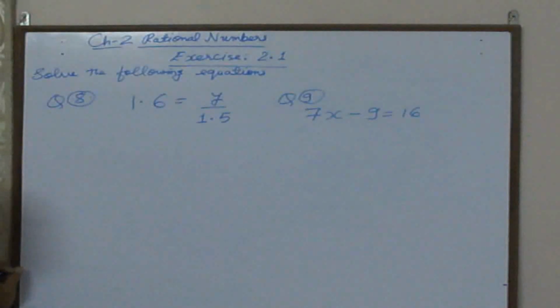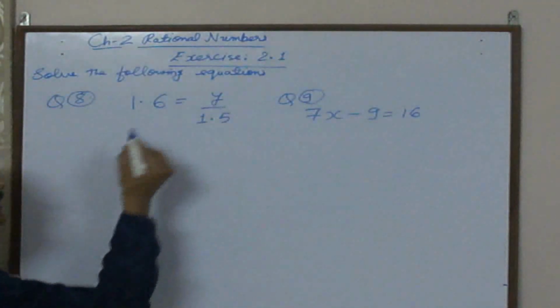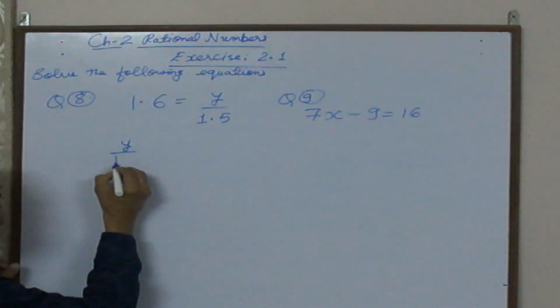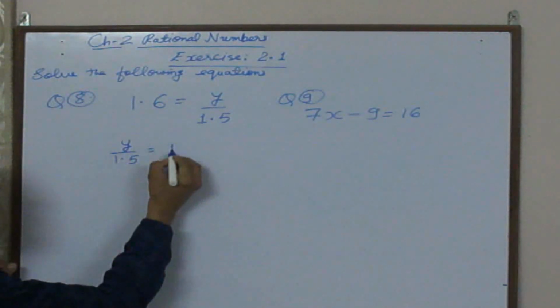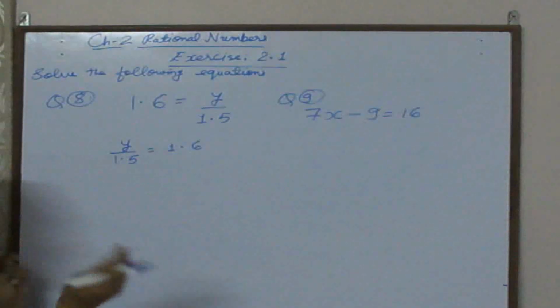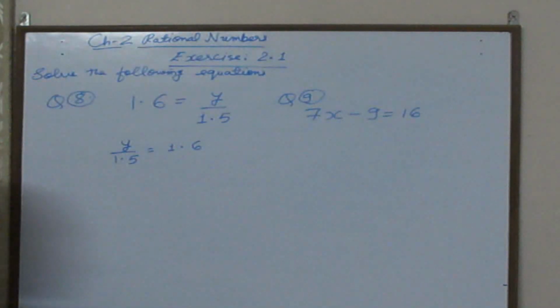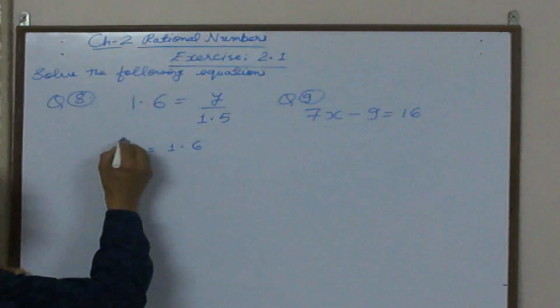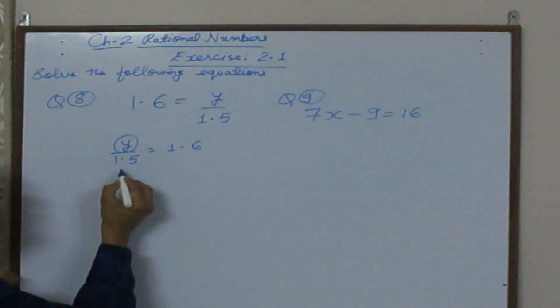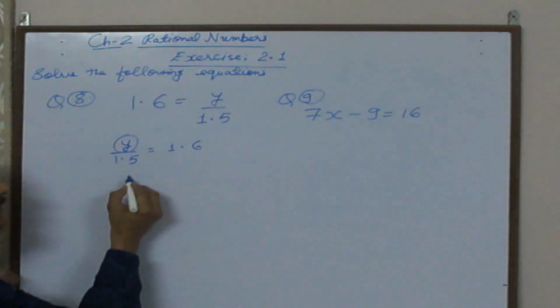Now see question number 8. What we have to do in question number 8? Simply y by 1.5 equals 1.6. First of all, we are changing the sides of the equation because we need the variable always on the left. So now we need to find the value of y. What is in division with y? 1.5.